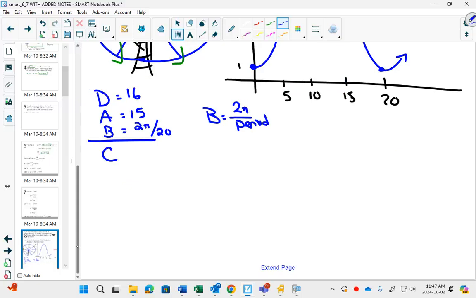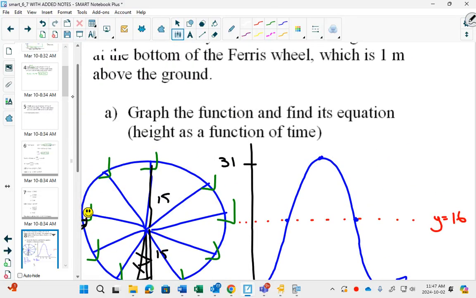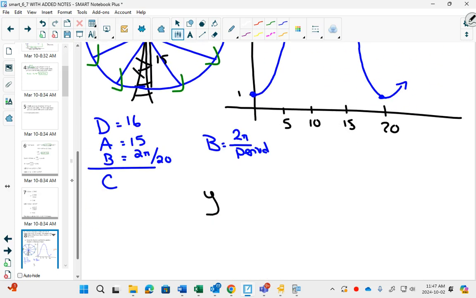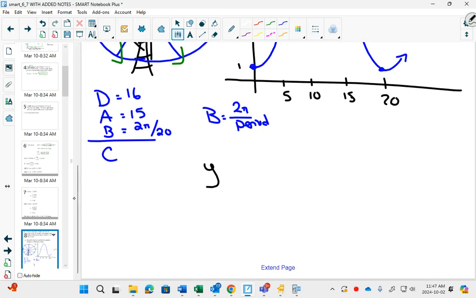So as a result, we can write a whole bunch of equations. Does it ask for sine or cosine, or does it say just graph the function and find its equation? So we can find either a sine equation or a cosine equation. I'll do one in sine and one in cosine. So if I was doing sine, my A value is 15.